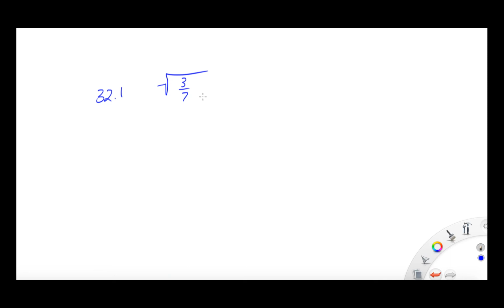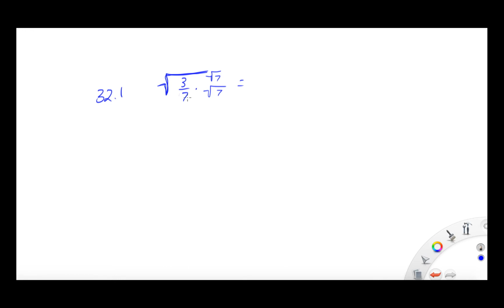So what we're going to do is, since this 3 and the 7 are both in root form, to get 7 out of the actual root, we're going to multiply the bottom and the top by the square root of 7.